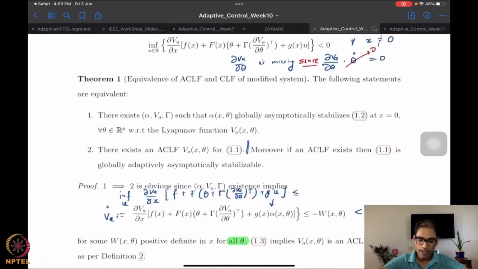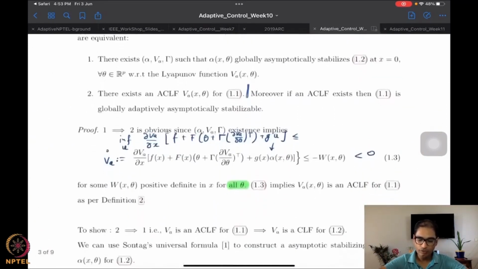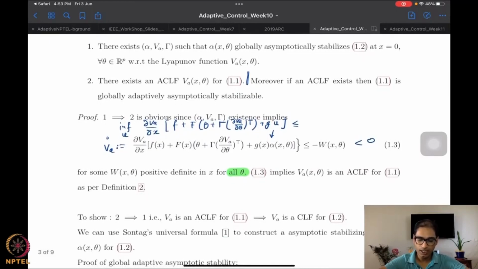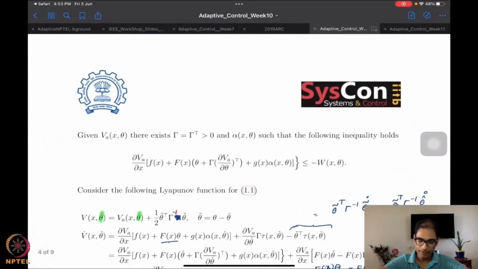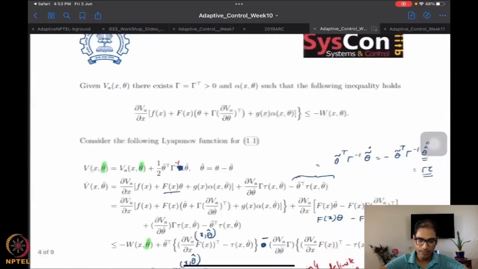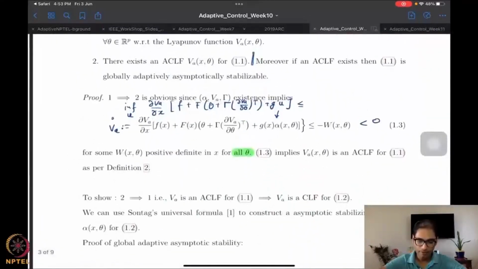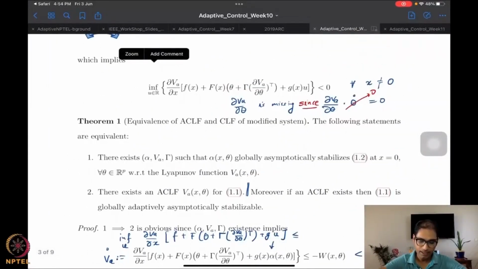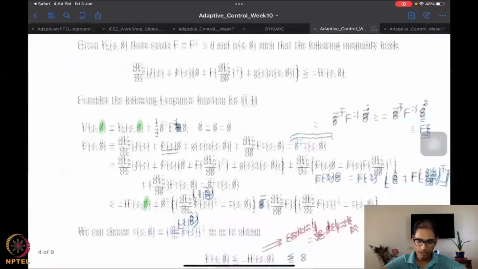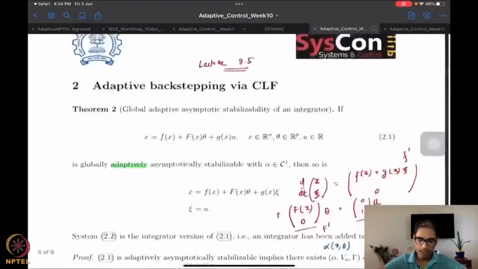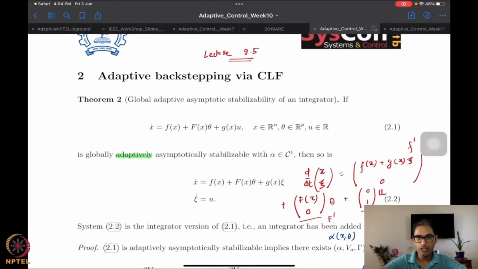And then we were able to use this in a backstepping setting. That is, in a case when you have a backstepping layer in the system, right?